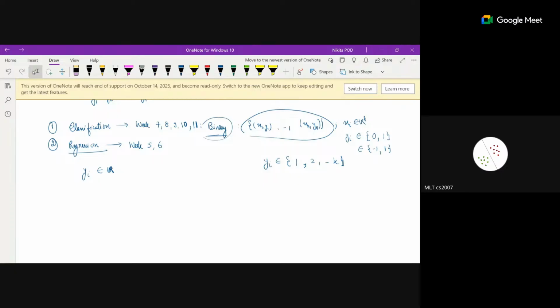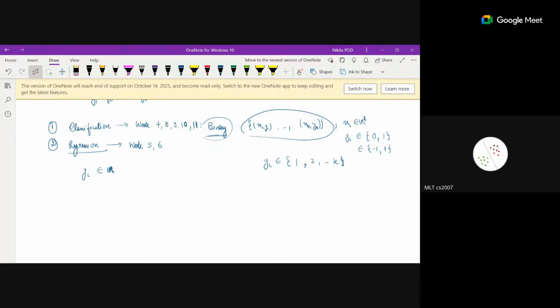A very simple example to start with: suppose you are given certain features of houses and you want to predict the price of the houses based on those features. You learn from those features, come up with an algorithm, and based on that model, given any new test data, you predict the price of the house. So what is the price here?